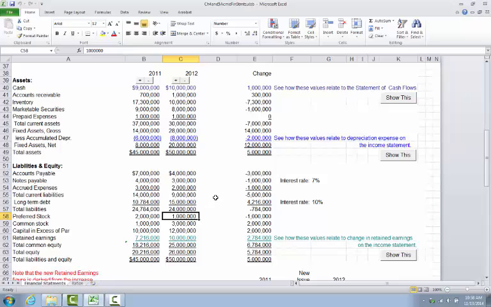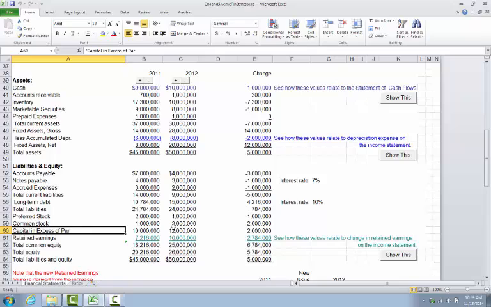This company has some preferred stock. There's the $1 million for that. The company has some common stock. There's the number for that. And there's a number here, $12 million for what's called capital in excess of par.